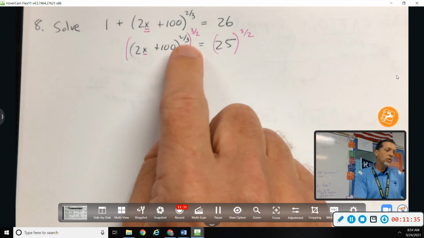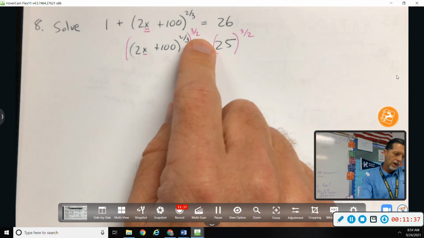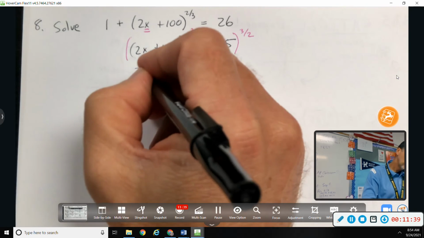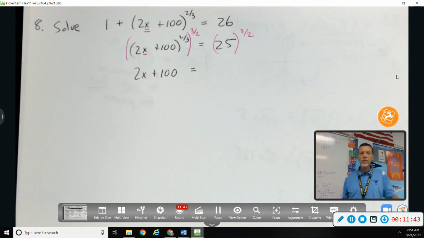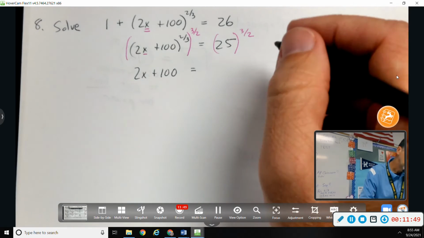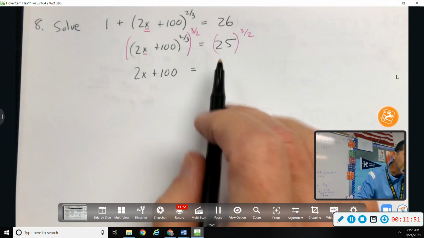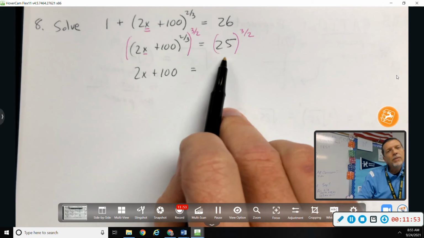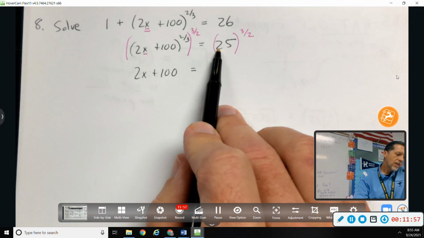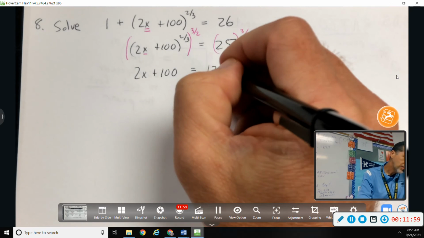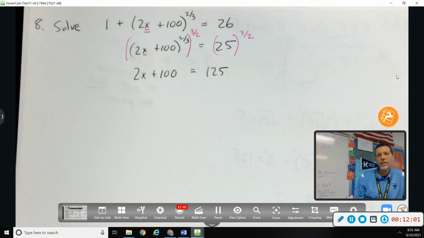So if we multiply them, they will cancel. 2/3 times 3/2 is 1. And then on the other side, again, how much work do you need to show? Well, square root of 25 is 5. 5 cubed is 125. So maybe you could get by without showing that step.